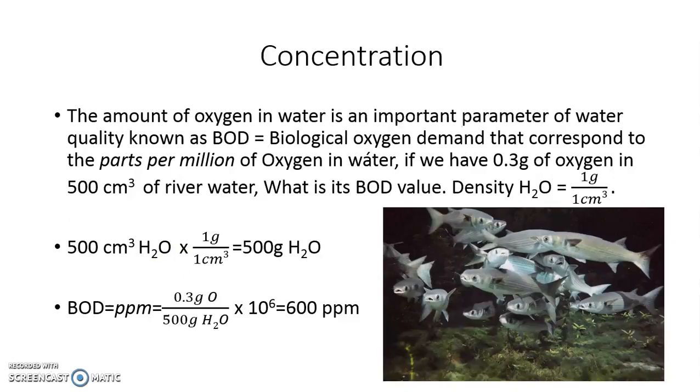Then the biological oxygen demand, that is the same as parts per million, will be 0.3 grams of oxygen over 500 grams of water, then multiplied by 10 to the 6. That will give us a total of 600 parts per million. That will be the same as saying that we have 600 in value of biological oxygen.